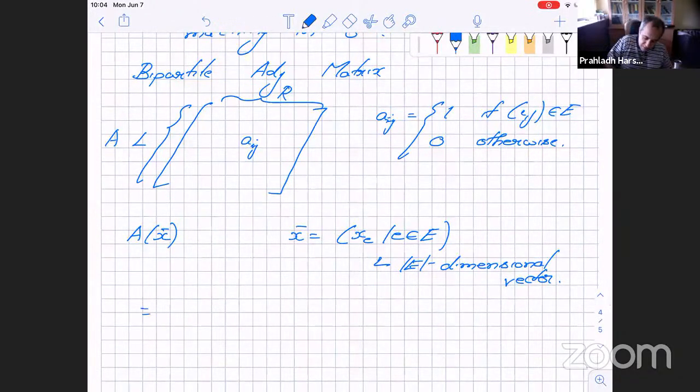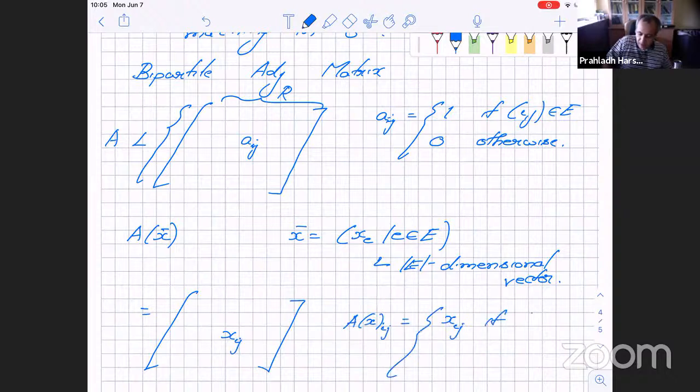This is exactly the same matrix as before, except that A(X)ij is going to be the variable xij if ij is an edge, and it is 0 otherwise. It's exactly the same matrix as before, but we have replaced every one with a completely different variable.